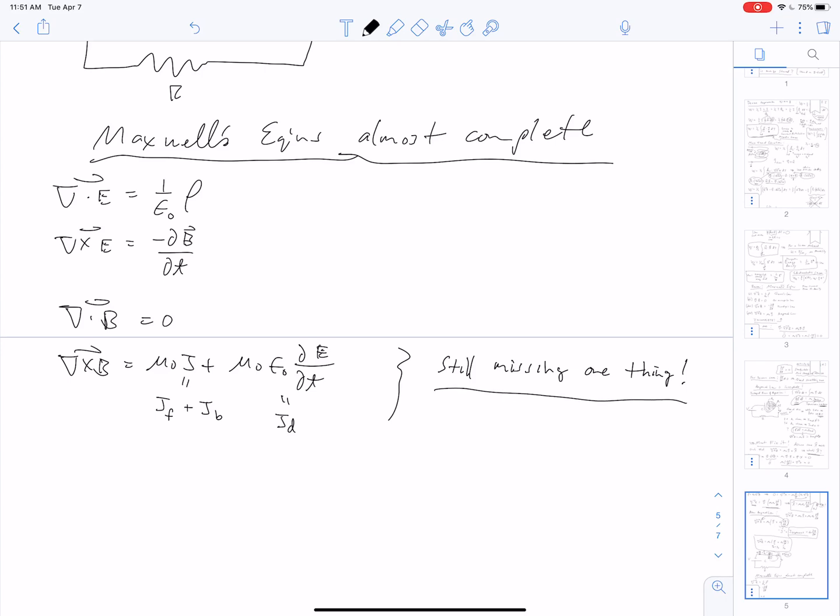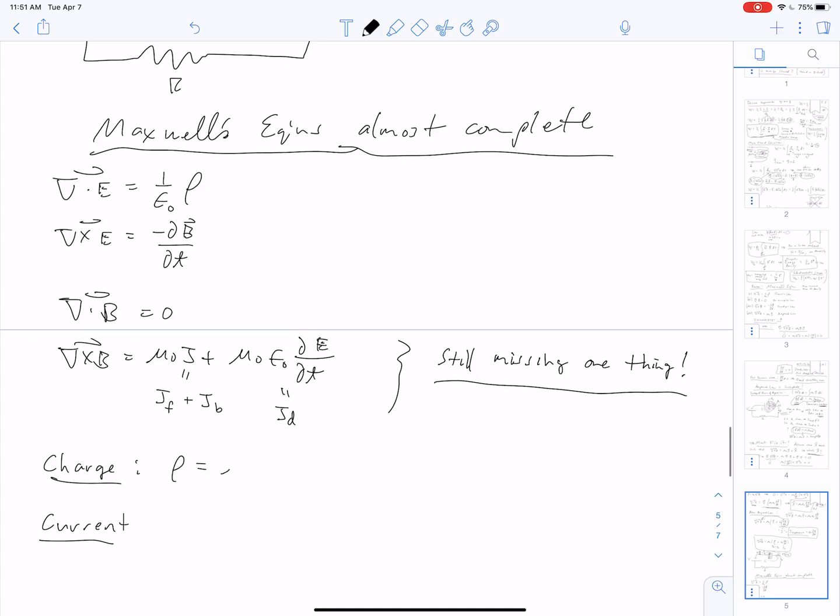What could it be? Well, it's pretty easy to see if you just consider the charge and current. For charge, we have rho equals charge density, which we know is the free charge density plus the bound charge density.